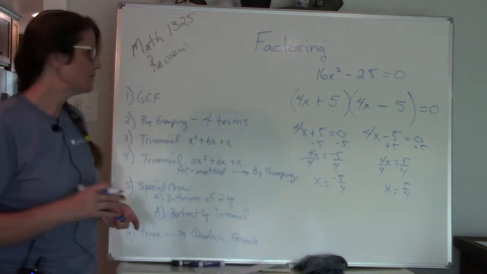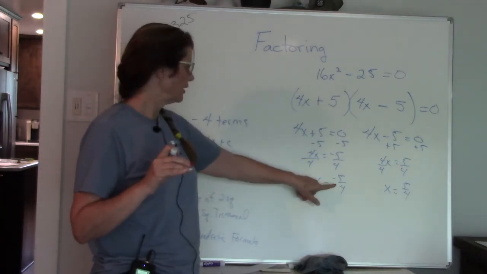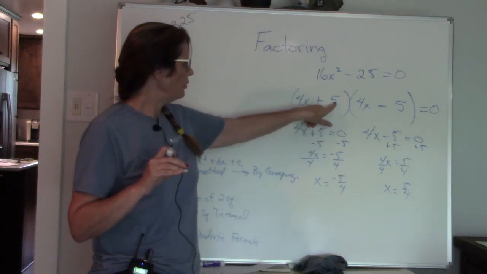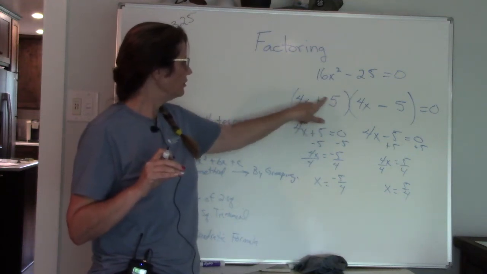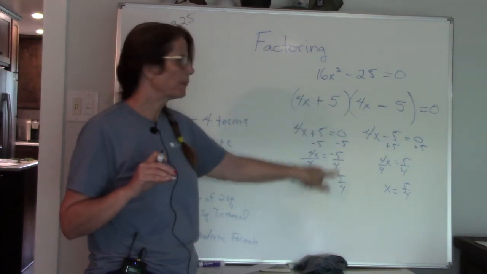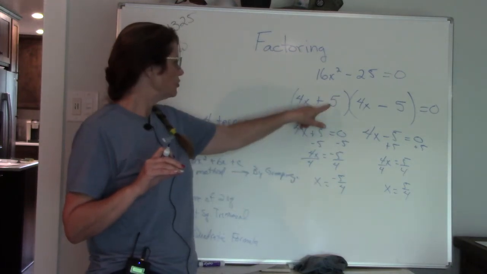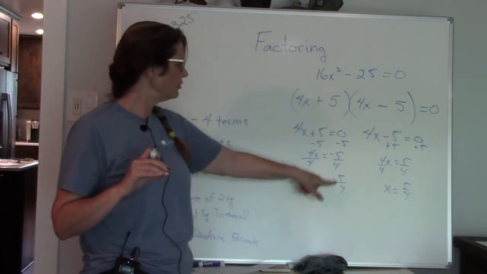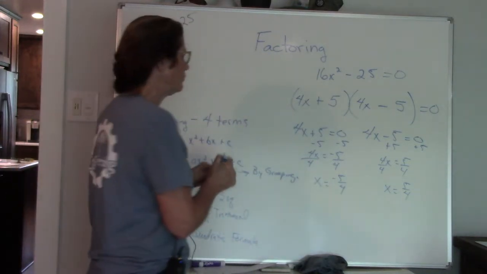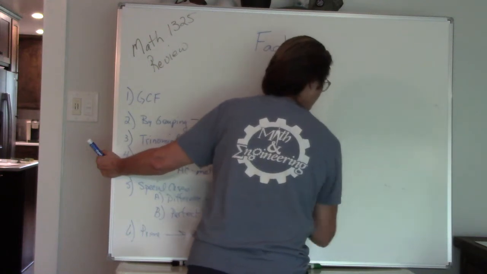Now, if you notice, and hopefully you noticed this when you took business algebra, when you set this to 0 and solve, it's always going to be this number divided by this number, opposite sign. That's the value because of this algebra skill of adding the opposite. So this becomes negative 5/4. This becomes positive 5/4. Okay? So that's one technique. That's that difference of two squares.